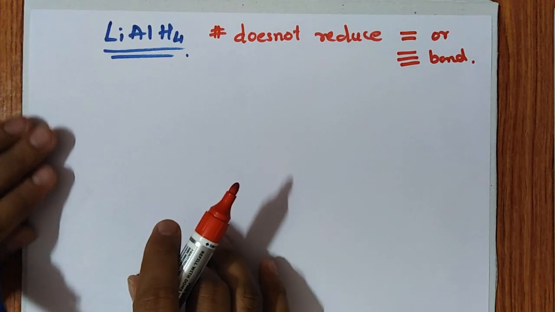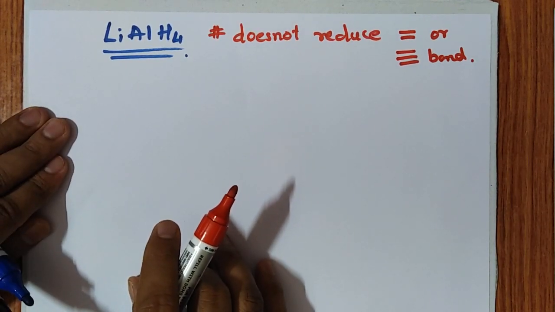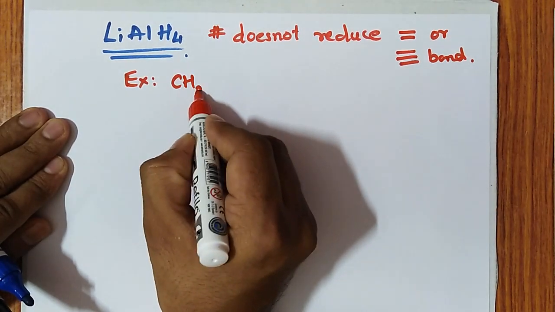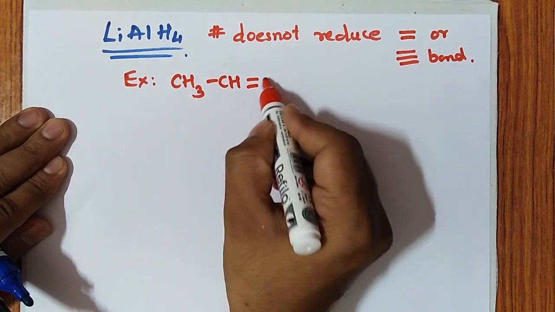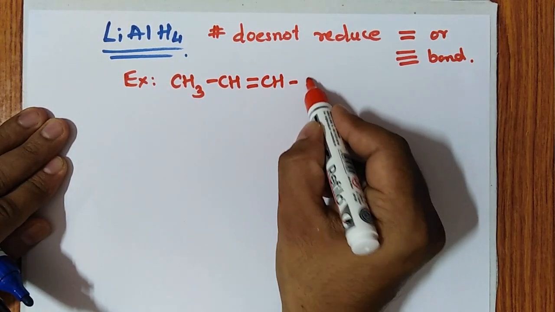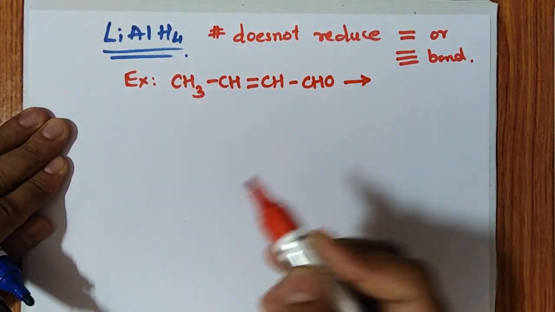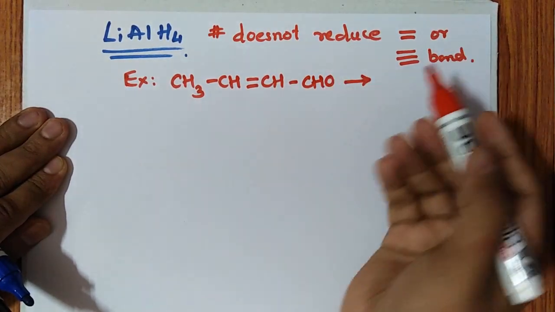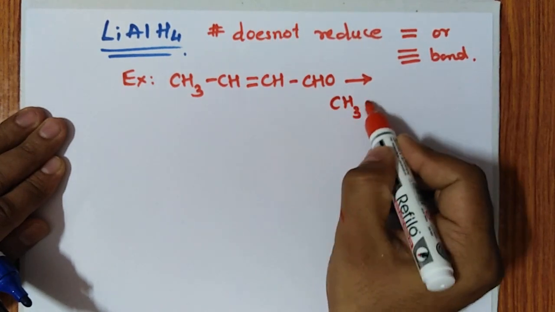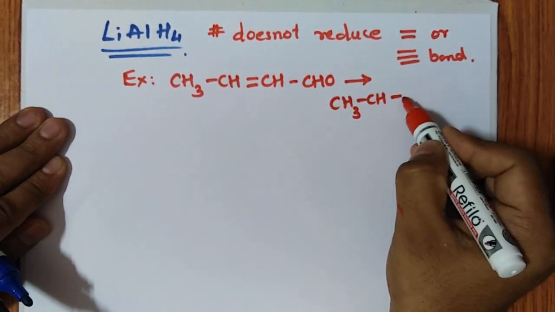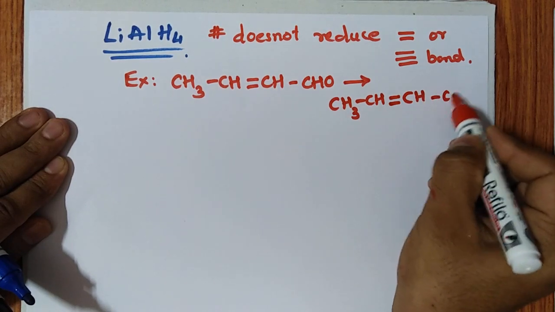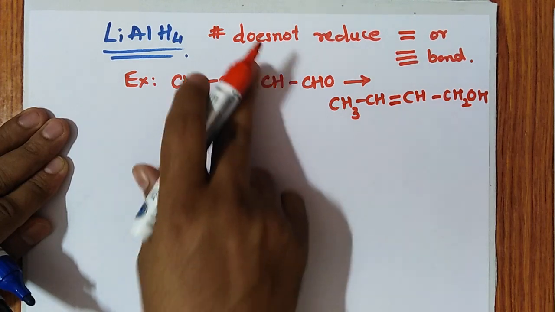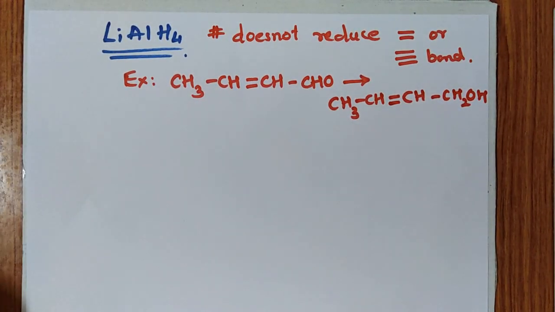It will never reduce double bond or triple bond, which means, for example, if the reaction is like this, CH3 CH double bond CH CHO, you are going to get the product. This double bond will never be reduced, but CHO is reduced to CH2OH, we have seen. So the product formed will be CH3 CH double bond CH CH2OH. Very important reagent. So remember, does not reduce double bond or triple bond.